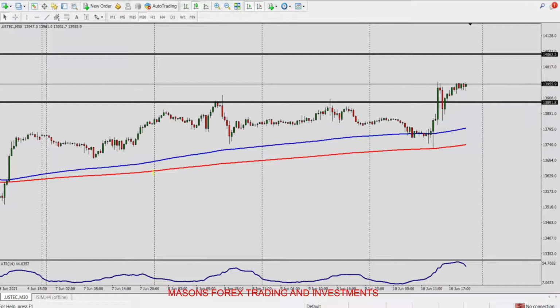It's the 13,891 level, which is one of the black lines in the lower part of the chart, and then the upper level is marked at approximately 14,062. So this is how I'm looking to trade. I'm waiting for price to push up. I'm waiting for a breakout candle.